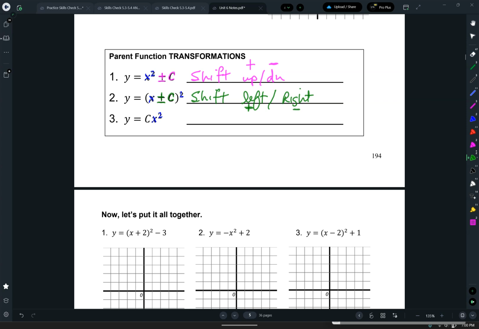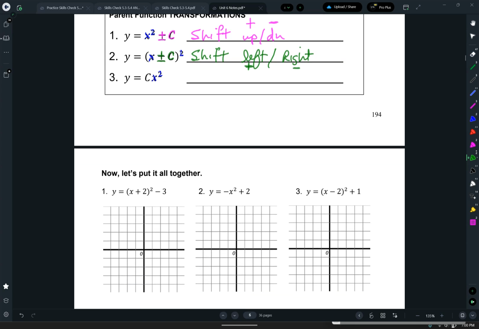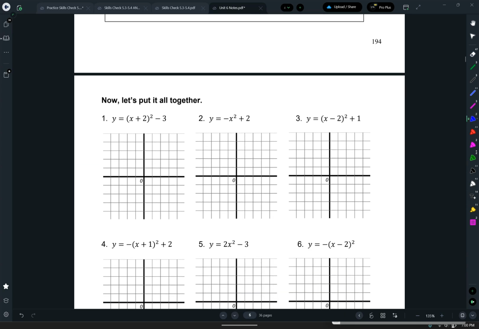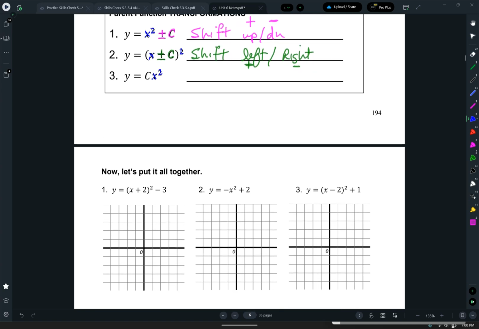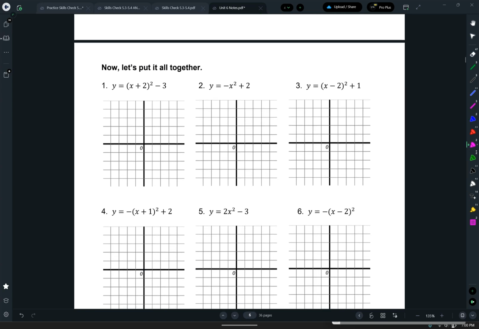Now, I know we haven't talked about the number out in front, but let's just look at number 1 down here, okay? So notice you've got the -3 out at the end. That -3 means the whole thing is going to go down 3. And then you have the +2 on the inside. That means the whole thing is going to go to the left 2.